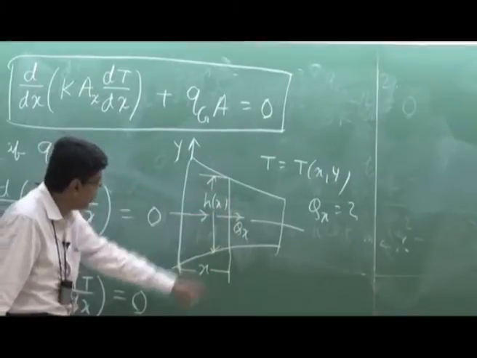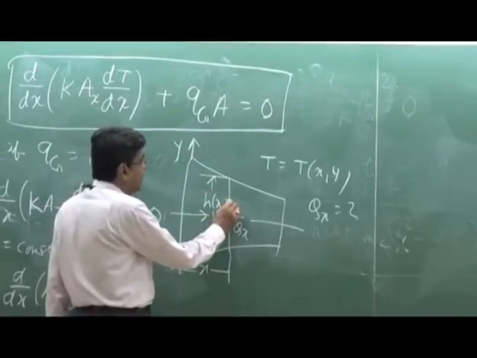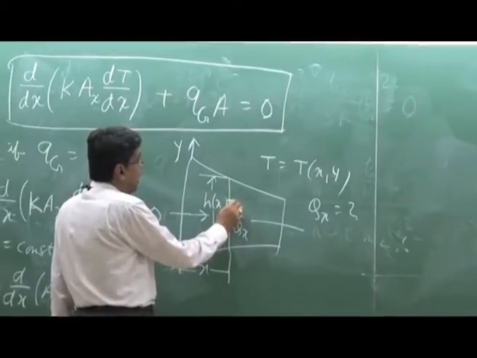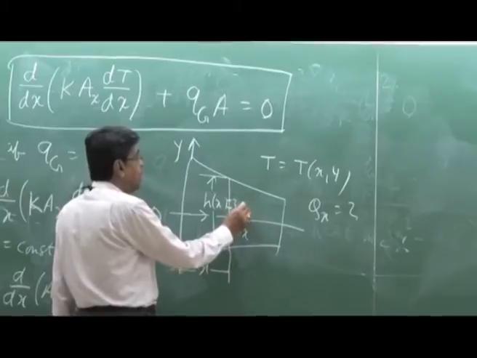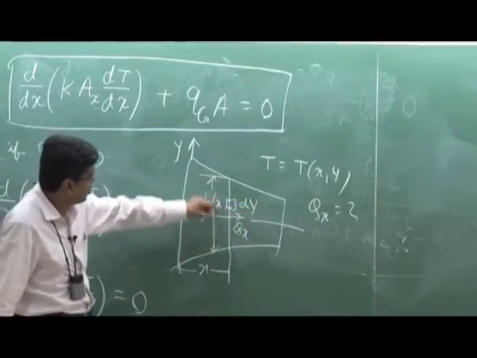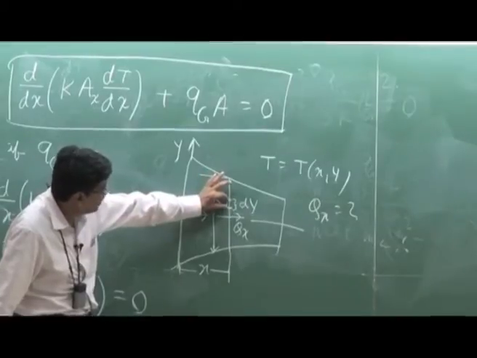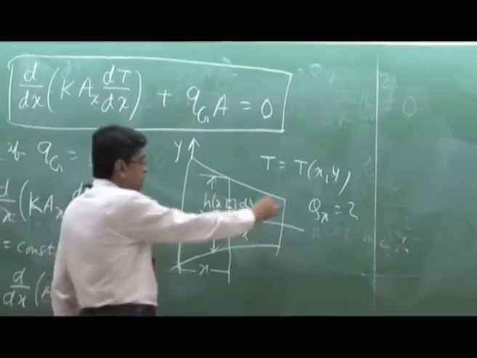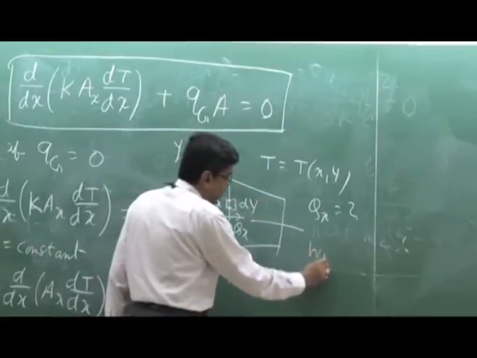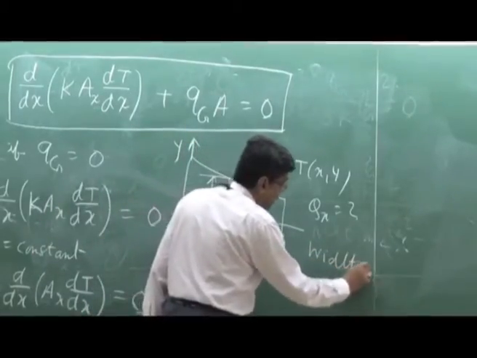This is not the same along the cross section. We allow this variation. Then we take an element dy in this height, whose area is dy times this width. Let this width perpendicular to the board be L.